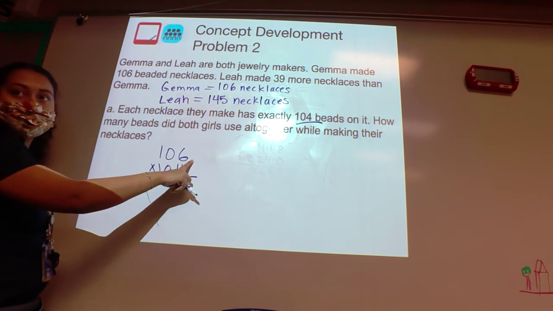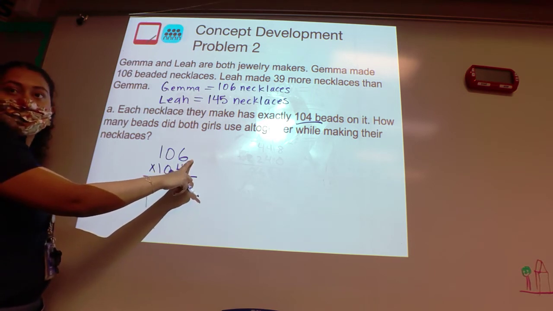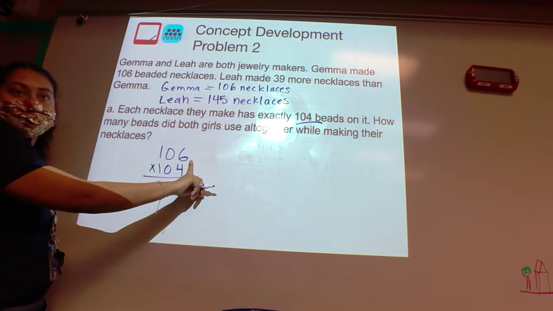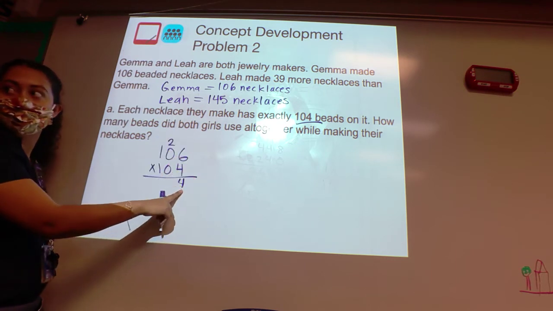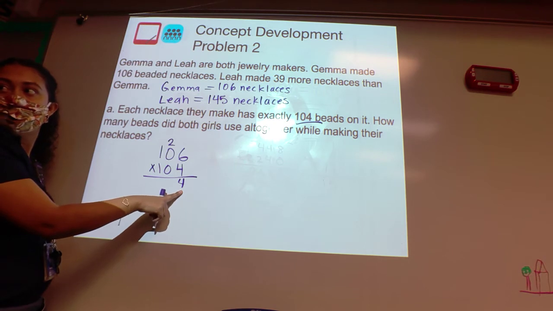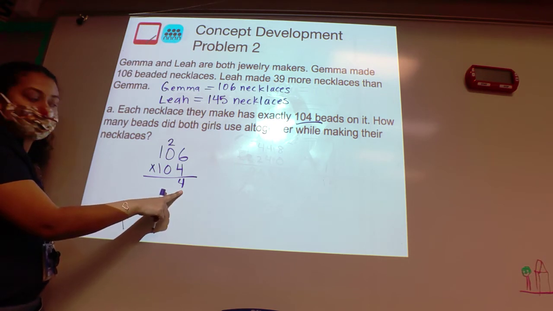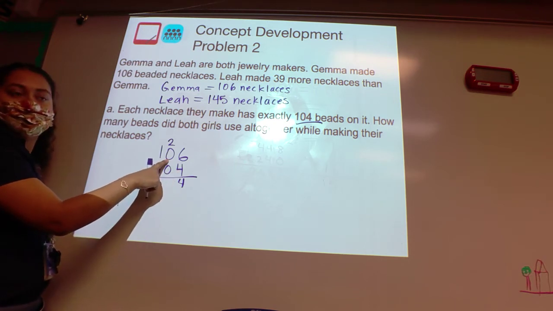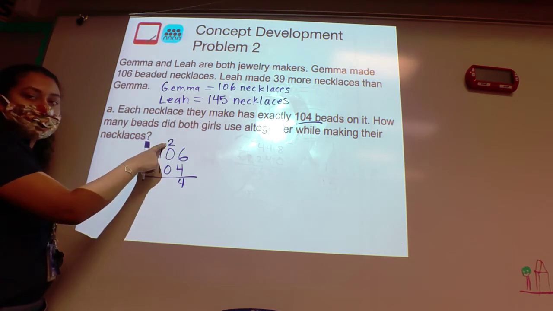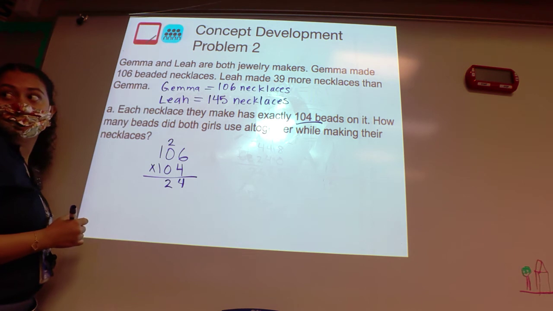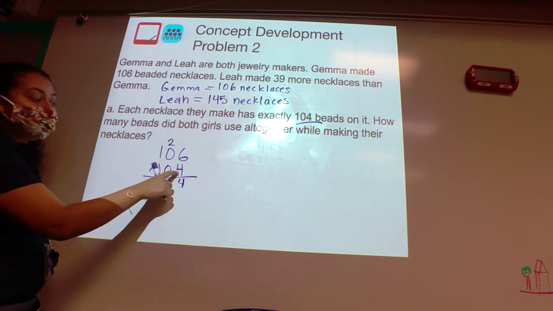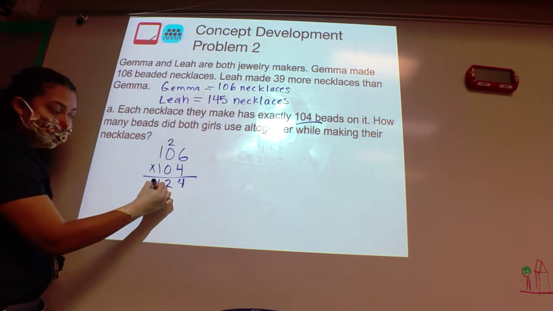So 4 times 6 is 24. So 2 here, 4 there. Okay, so now we have 4 times 0. 0. 0 plus 2. 2. 4 times 1. 4.